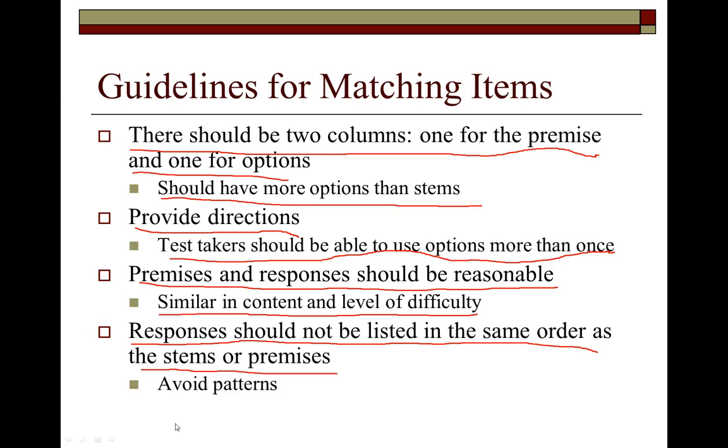And again, try to avoid any patterns like A, C, B, D, something like that. Or just the opposite, where the first question on the stem column will be the last answer on the option column. So try to make it random as much as possible.